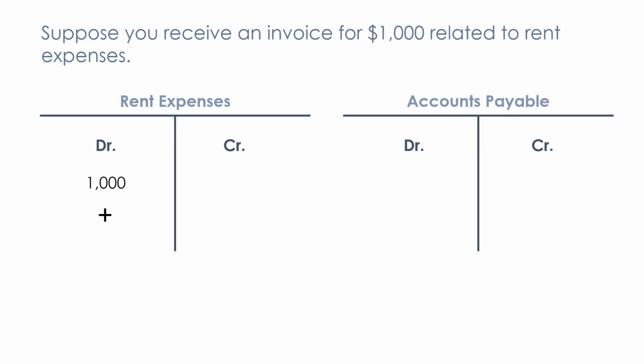Debit the rent expenses account for $1,000 because it represents an increase in expenses, which reduce equity and are recorded on the debit side, and credit the accounts payable account for $1,000 because it reflects an increase in liability, indicating that we owe $1,000 for rent.